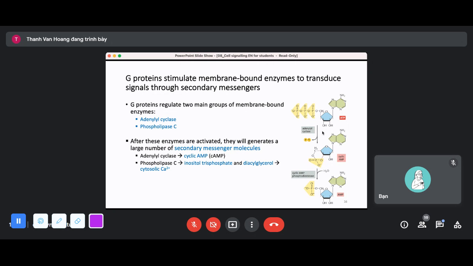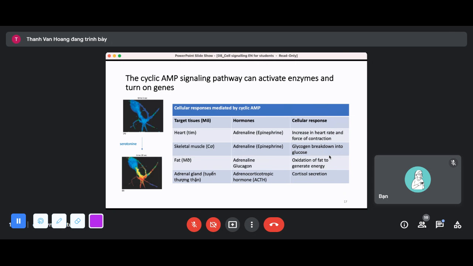Here you can see that the phosphate group makes a cycle, and that's why they call it cyclic AMP. Cyclic AMP is very unstable. It can be hydrolyzed very quickly into AMP, and in the form of AMP, it doesn't transduce signal anymore. But cyclic AMP is a very common secondary messenger molecule, and we can learn how it works.